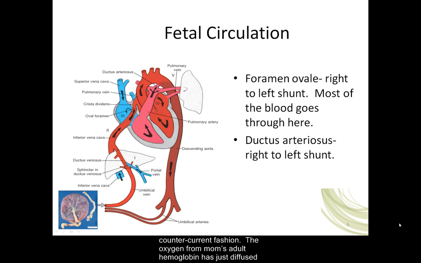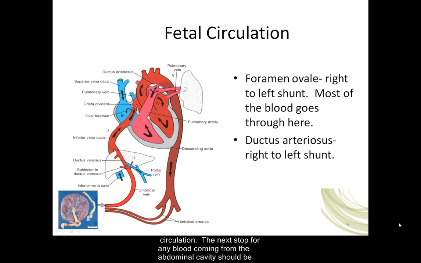The oxygen from mom's adult hemoglobin has just diffused off and entered baby's blood and bound to baby's fetal hemoglobin molecule. Remember, it does have greater affinity for oxygen. Now the blood re-enters the baby through the umbilical vein. It is a vein because it is leading back to the baby's heart, even though it carries the most oxygen-rich blood in the fetal circulation.